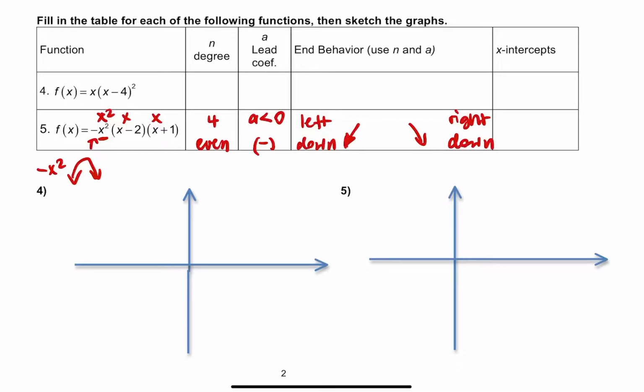The x squared means there's an x-intercept at 0. Then 2, I'm sorry, not negative 2, positive 2, and negative 1, because remember, these are opposite. And 0 actually repeats twice. So I'm going to plot those on my coordinate plane: negative 1, 0, and 2.